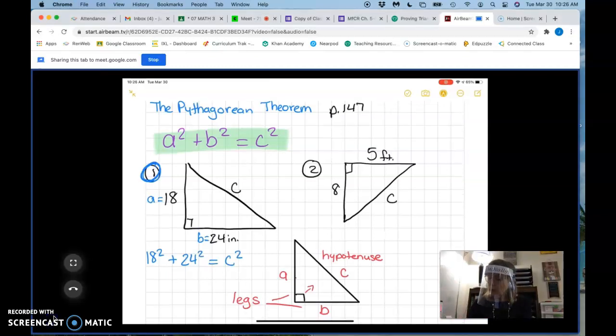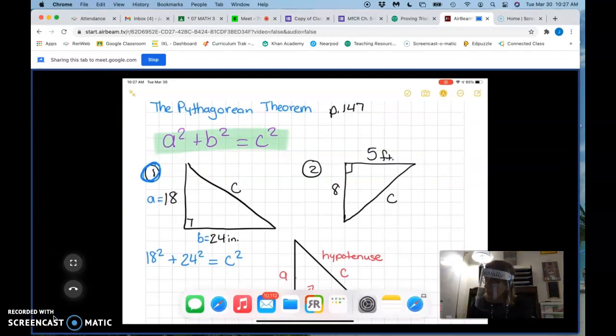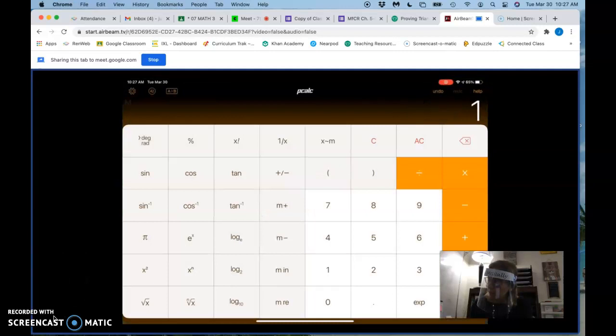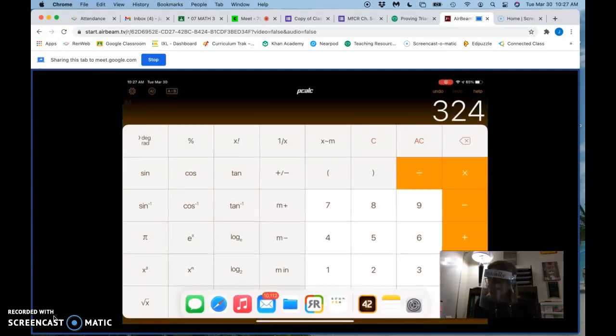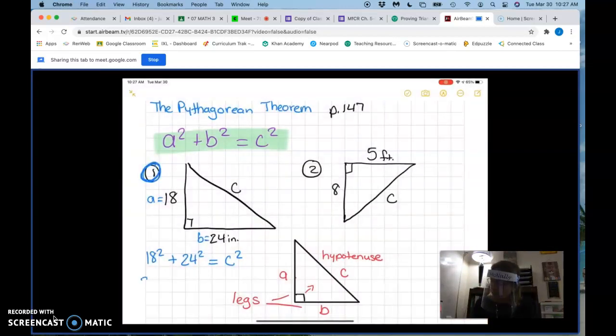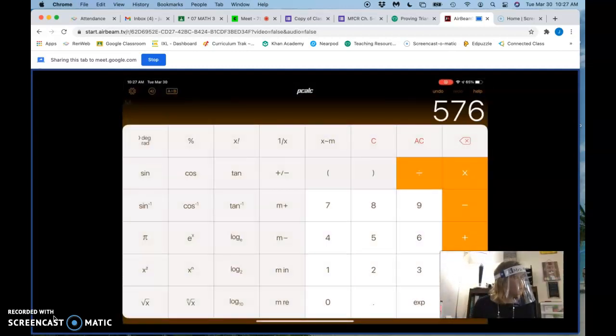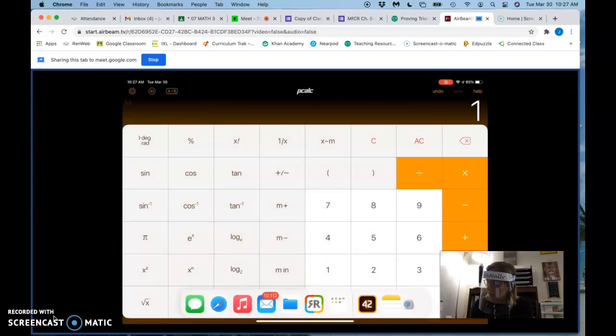Okay, so I'm going to do 18 squared. 18 squared is 324. And then I'm going to do 24 squared, which is 576.